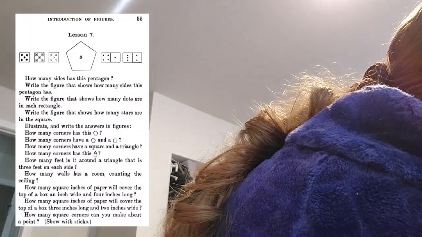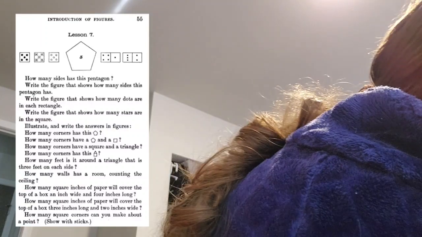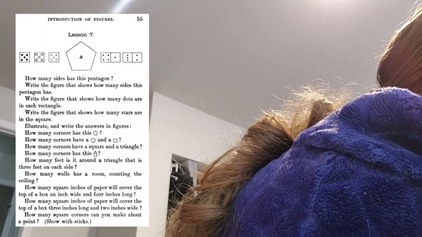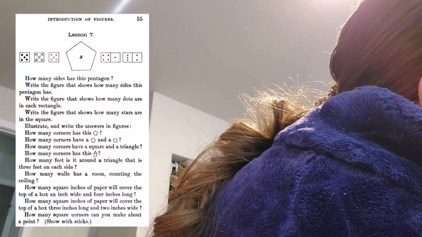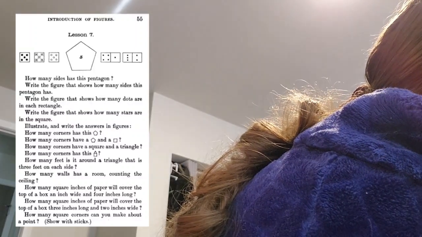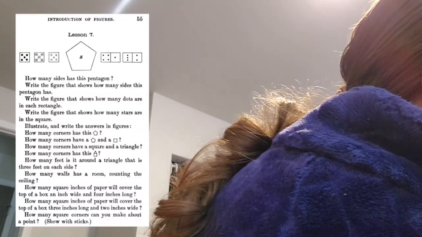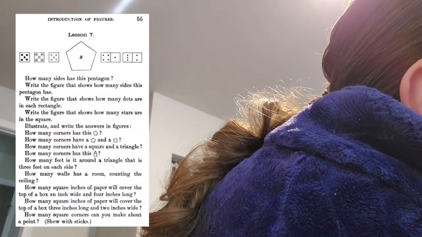So I guess you write out the dots that are in the rectangles. Which is kind of weird, because in my book, it looks different. Because they don't have 4 and 1. Well, they do have 4 and 1.